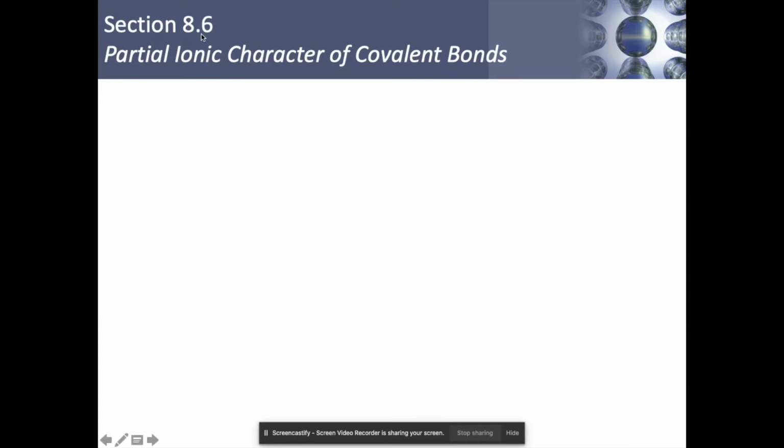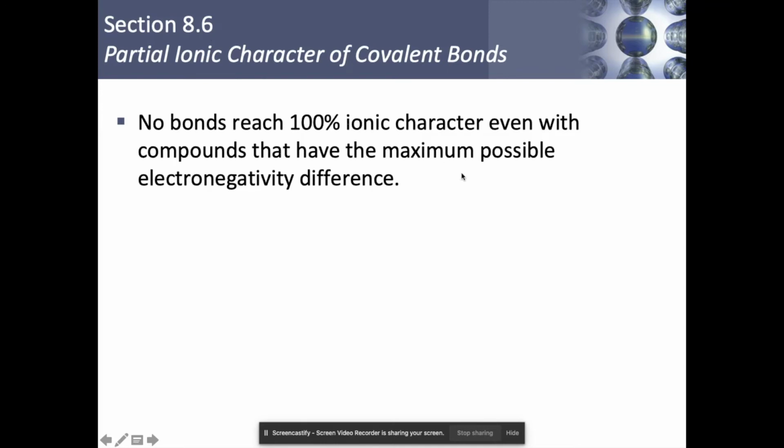So 8.6, partial ionic character of covalent bonds. So this is where we get into the discussion that we already talked about in the previous part, which is that really no bond can ever reach 100% ionic character, even if we look at compounds that have the furthest electronegativities from one another.